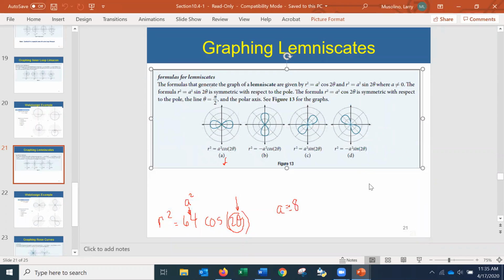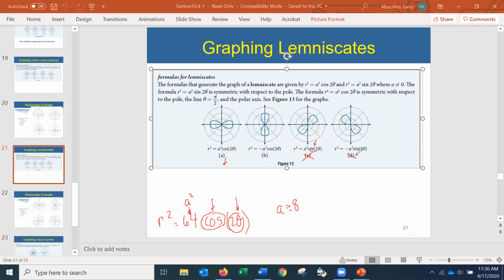All right, well, let's go back now. We've got to figure out which one of these choices matches up to our equation, okay? Well, I know that our equation involves cosine. So I'm going to cross out choice C here, because choice C uses sine.